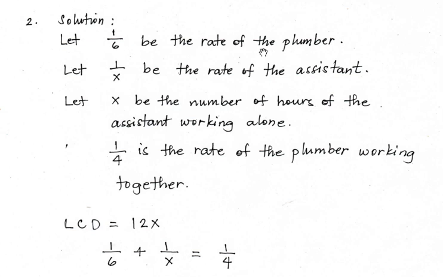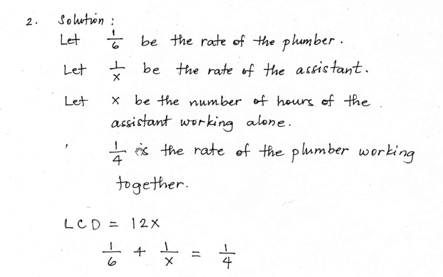So the rate of the plumber is 1/6. And let x be the number of hours of the assistant working alone, because we don't know. And let 1/x be the rate of the assistant. Whatever the number of hours the assistant will work alone, 1/x is the fraction of work done within 1 hour.